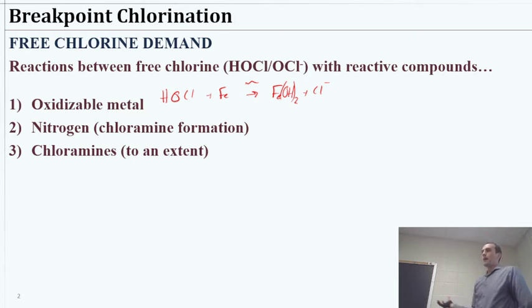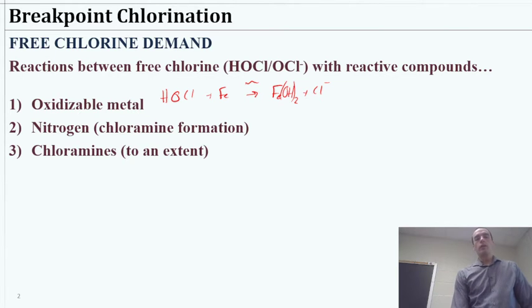Okay, so that's going to demand some chlorine. So we're going to get less usable chlorine. When we thought we dosed it to be 10 milligrams per liter, now it's reacting with all this iron and other metals and reducing the total amount.